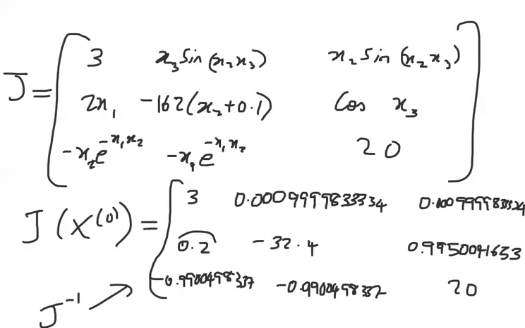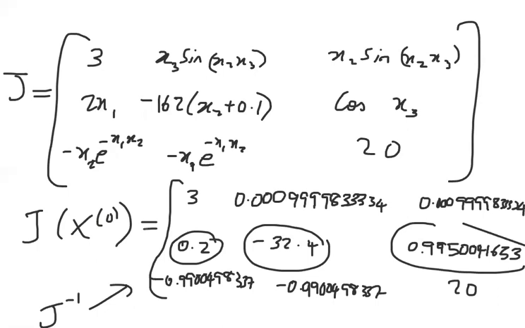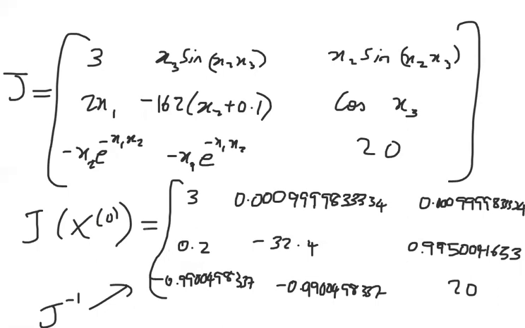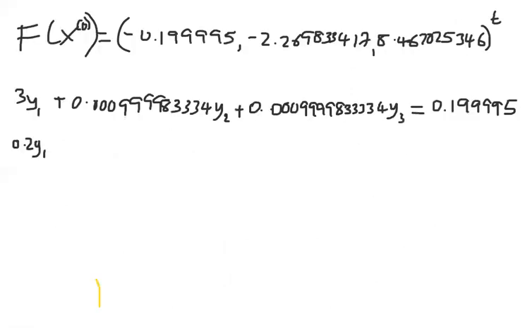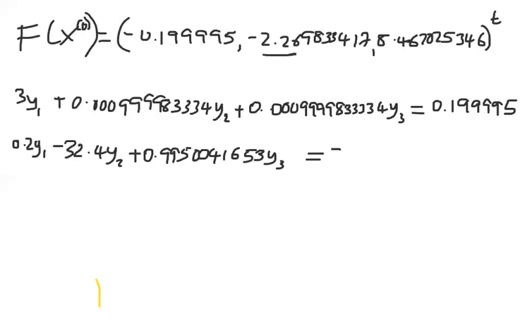So it will be 0.02y1 minus 32.4y2, then plus 0.9950041,653 y3, and this should be equal to the negative of that value. So it will be 2.269833417.